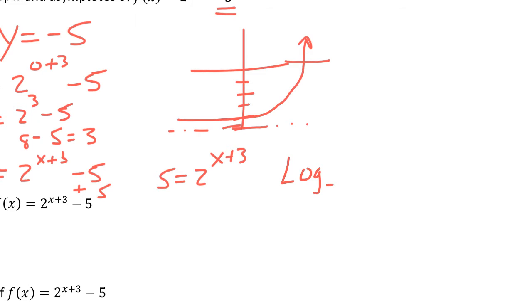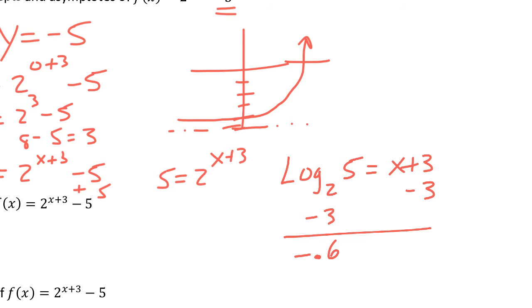So log base 2 of 5 is x plus 3. And then at the very last step, we'll subtract 3. And log base 2 of 5 is 2.3219. Subtract 3 is negative 0.678. And so the x-intercept is negative 0.678, comma 0.